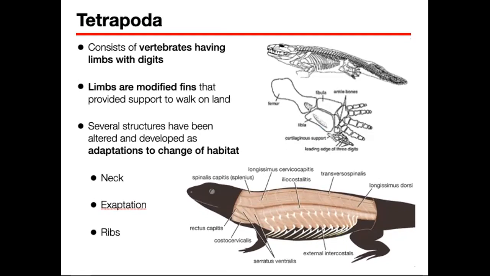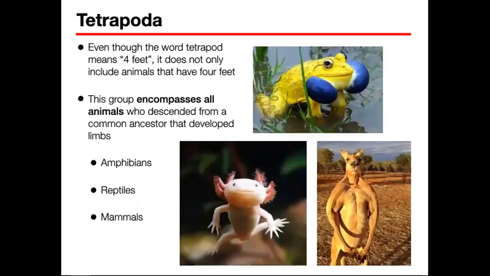So these are just some of their common features, and also the ribs. We know that the ribs of vertebrates protect the respiratory system, more specifically our lungs.